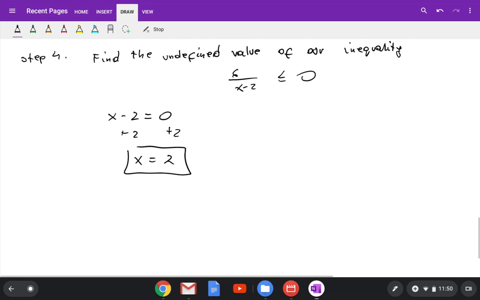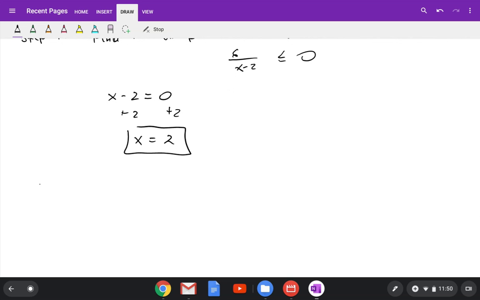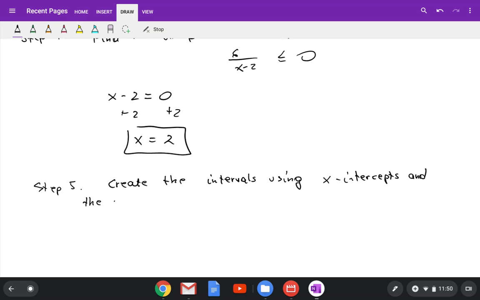Now when you have the undefined value, we're moving to step 5, create the intervals using X-intercepts and the undefined values.